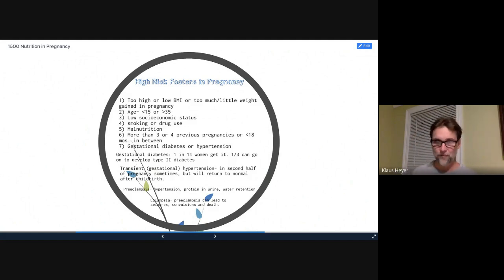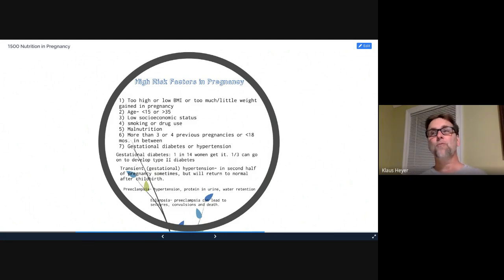Malnutrition, for obvious reasons. You're not getting enough energy. You're not getting enough nutrients. Having too many children back to back. And then having diabetes or hypertension, because there's gestational diabetes and gestational hypertension, meaning that you get temporary diabetes or transient, temporary high blood pressure, but it goes away once the baby's born.